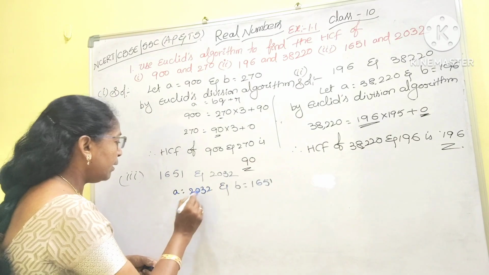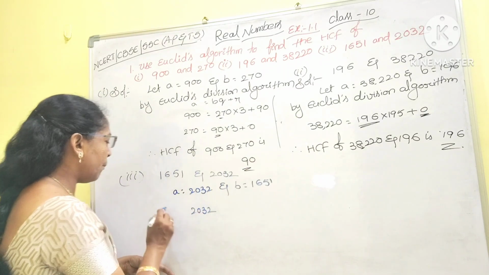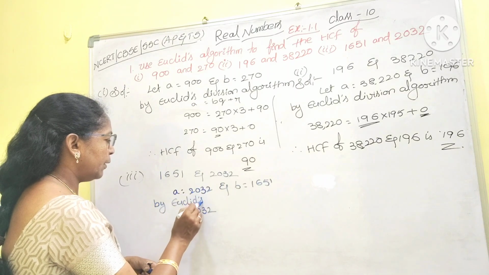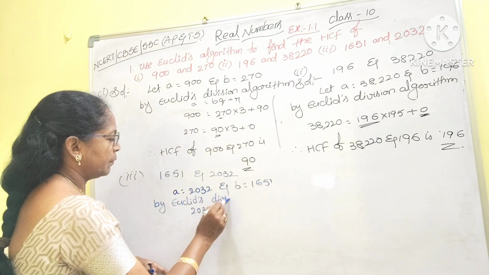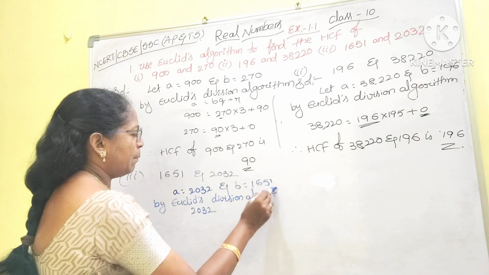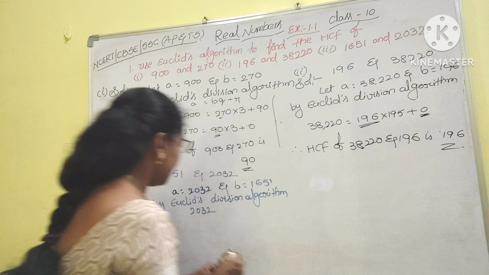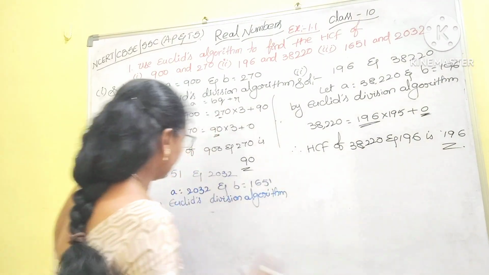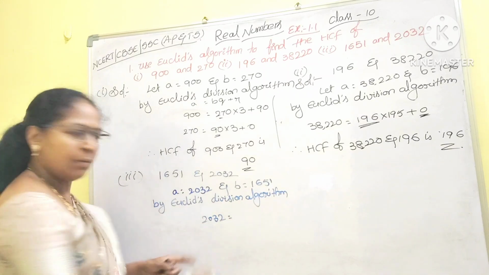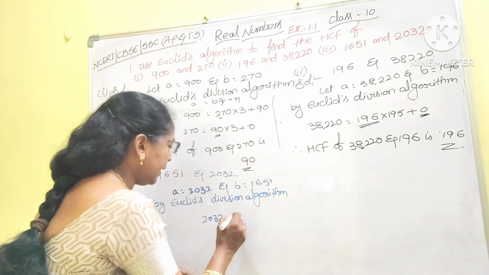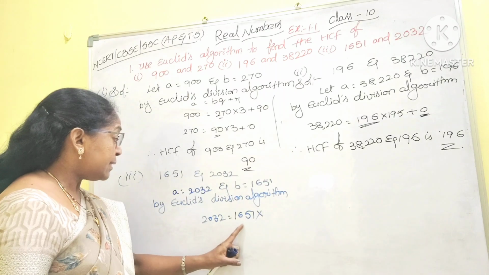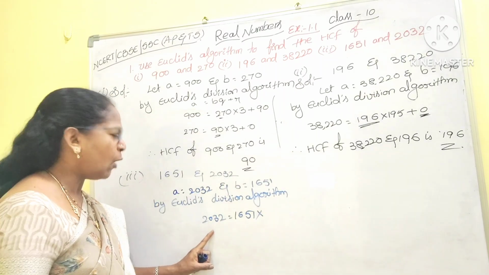Now here, by Euclid's division algorithm, 2032 equal to B 1651 multiplication of quotient value. 1651 goes in 2032 how many times?